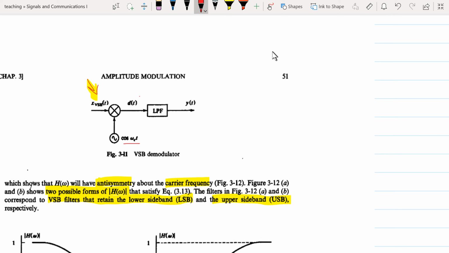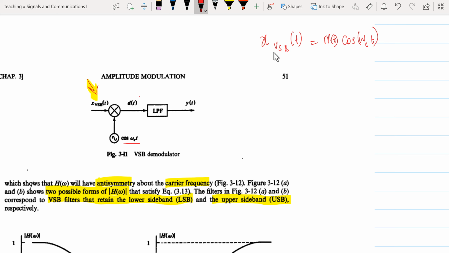If you remember what we did, x_VSB(t) looks something like m(t) cos omega_c t, if we assume that it takes the full portion just like DSB.